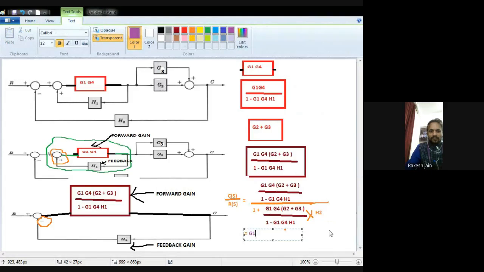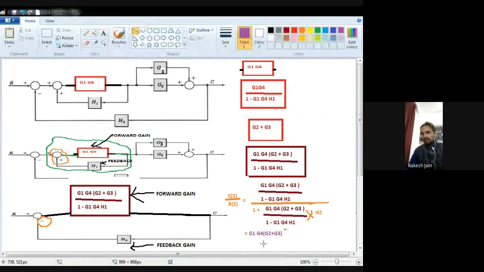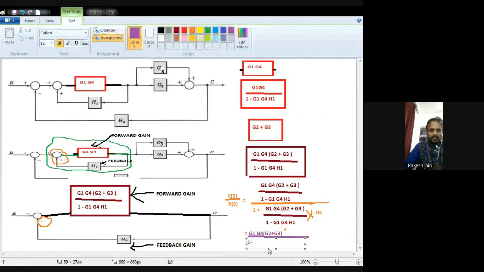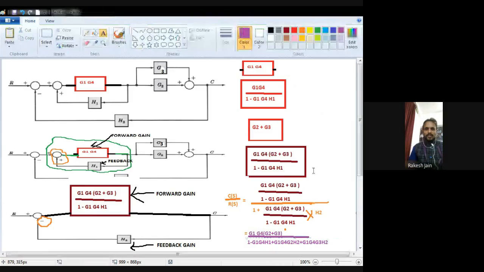So G1 G4 multiply by G2 plus G3, divided by, when I took the LCM, 1 minus G1 G4 H1, so that the denominator term will be 1 minus G1 G4 H1 plus G1 G4, see very carefully, G1 G4 when multiplied with G2 and externally H2 was there, H2, plus one more term G1 G4 again multiply with G3 and the external term is H2. Okay, so this one is the final answer of this question.